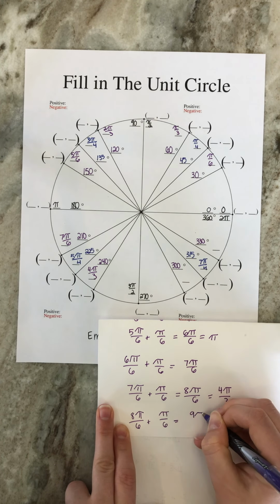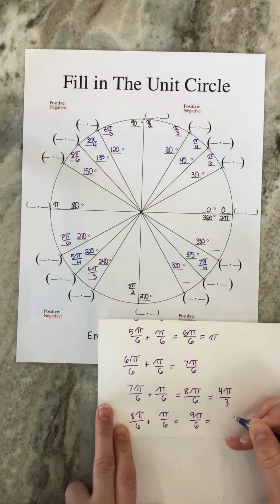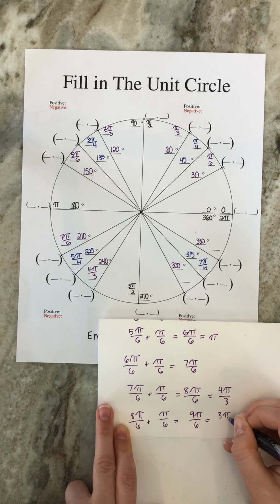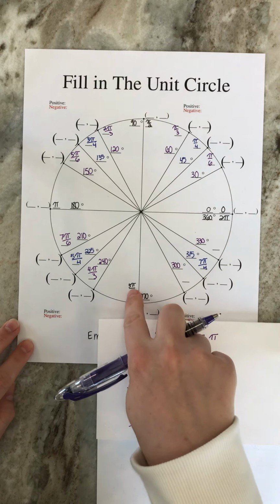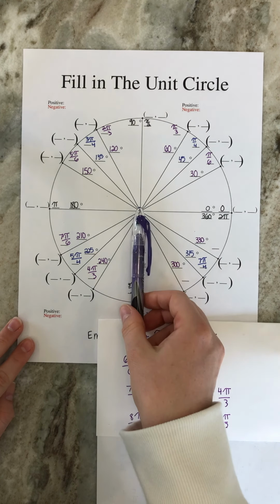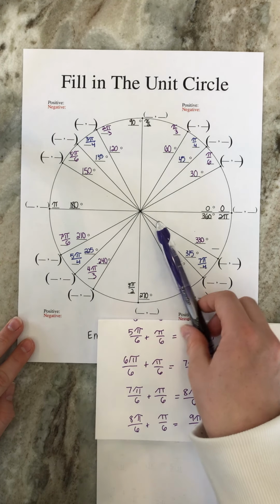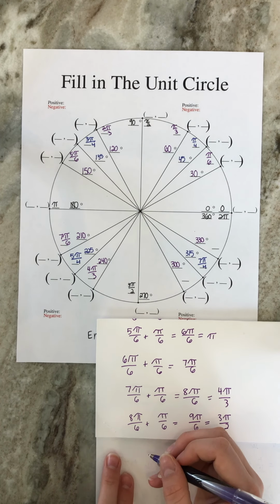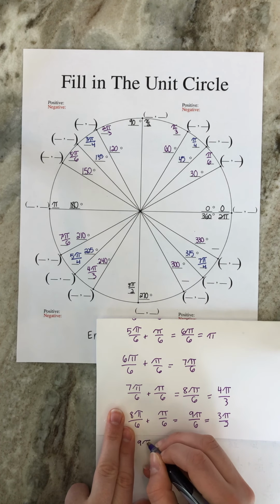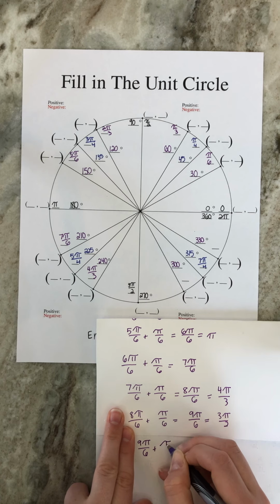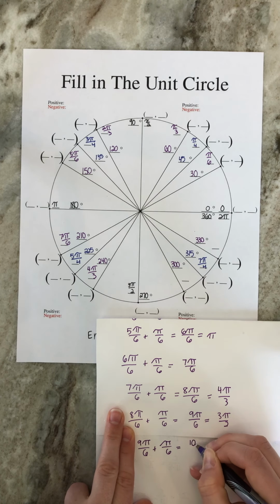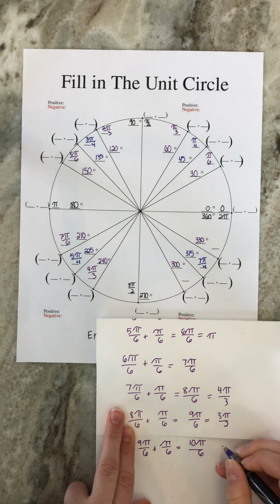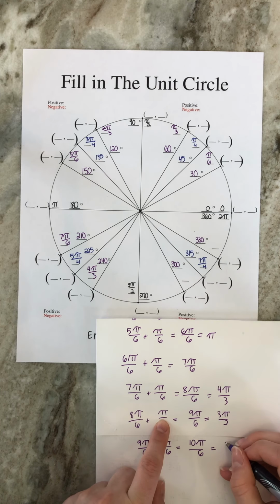I get 9 pi over 6. That simplifies to 3 pi over 2, which we already have there. We have just a couple more left. We're rotating once more here, and we're going to take our 9 pi over 6, add pi over 6. We get 10 pi over 6, and that simplifies to 5 pi over 3.